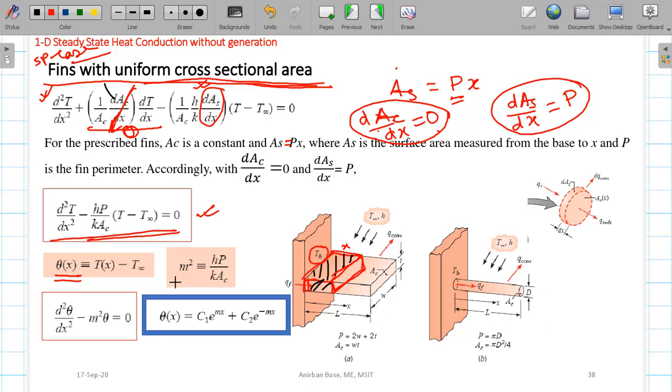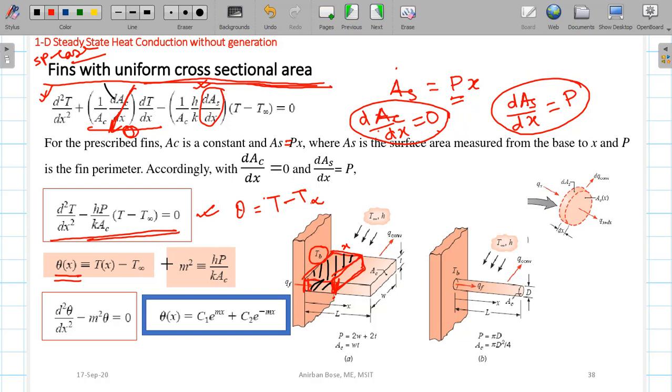So from the base, if the length here is x, then at a distance x the temperature is say Tx. So theta is nothing but T minus T infinity.